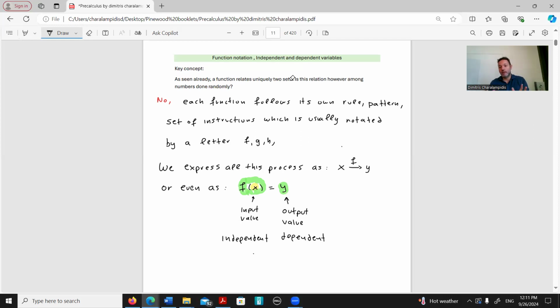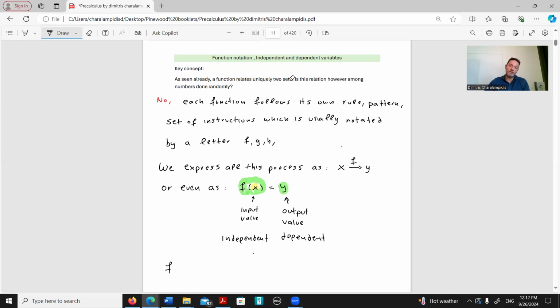But the output values cannot be randomly assigned as well. Each output value is the one corresponding to the given input value after we have applied that rule, that set of instructions we just mentioned.